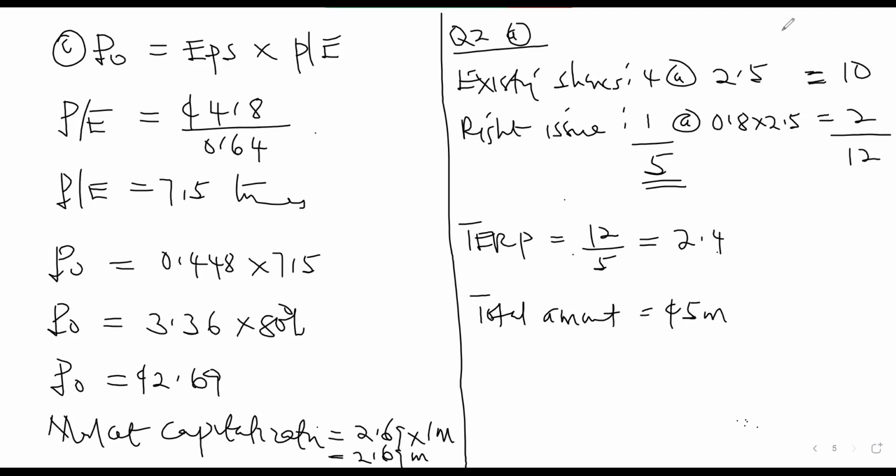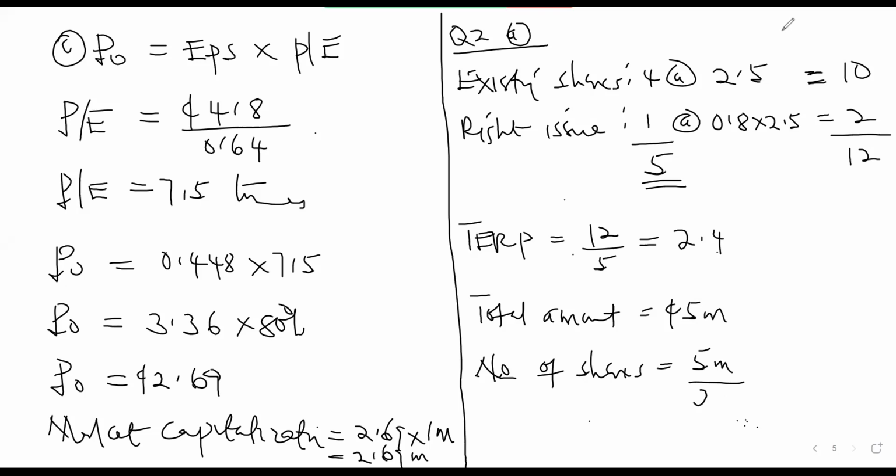We are going to be issuing a certain number of shares at 2 cedis per share, and we are expecting this to give us a total of 5 million. So the question now is, how many shares are we issuing to get the 5 million? The number of shares from the rights issue will be calculated as 5 million over the share price of 2.